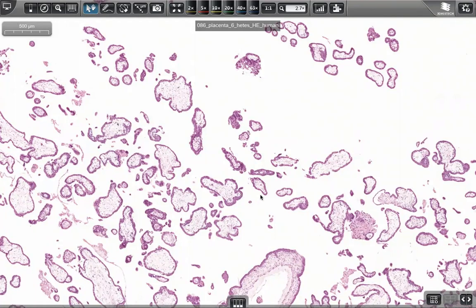And the gas exchange occurs by diffusion through the villi wall. When we're talking about villi, we can distinguish 3 types of chorionic villi. We have the primary, secondary, and tertiary villi. Primary villi are built up by trophoblast cells only.